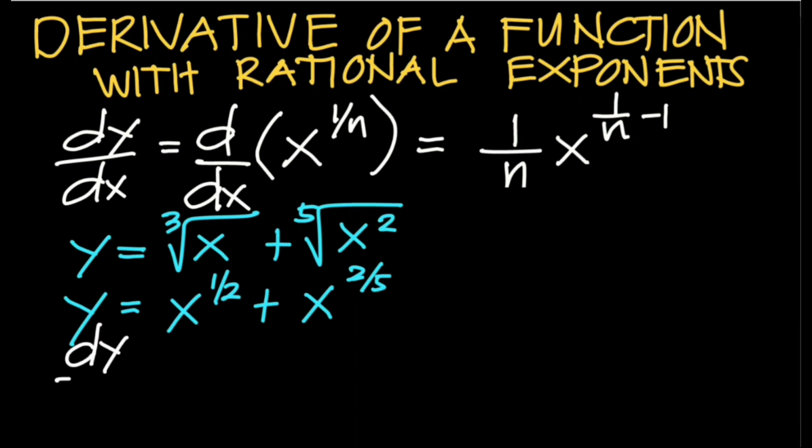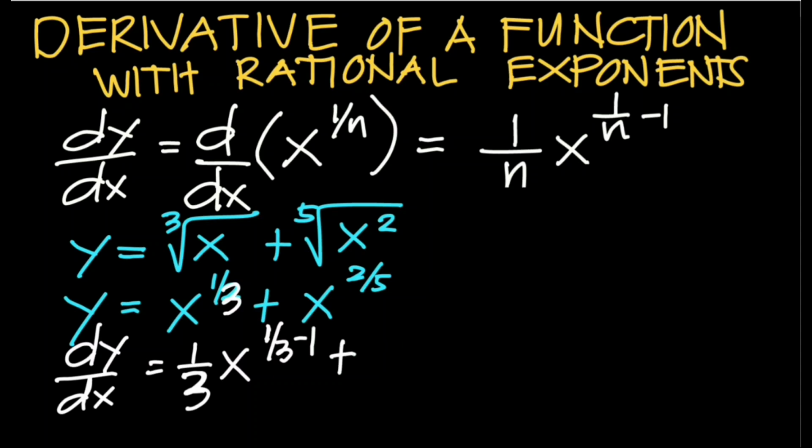So dy over dx is just equal to, using the power rule, 1/3, sorry, 1/3 times x to the 1/3 minus 1 plus 2/5 times x to the 2/5 minus 1.